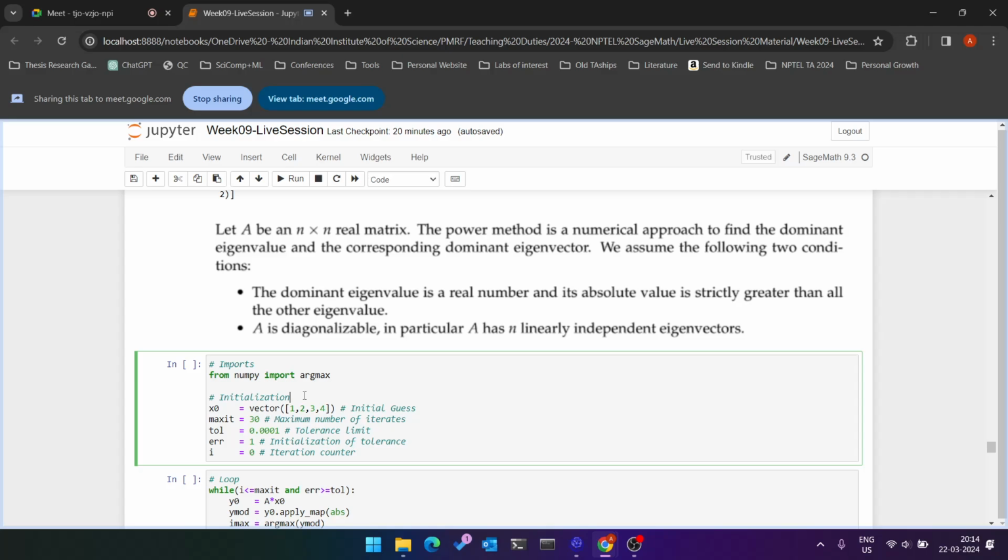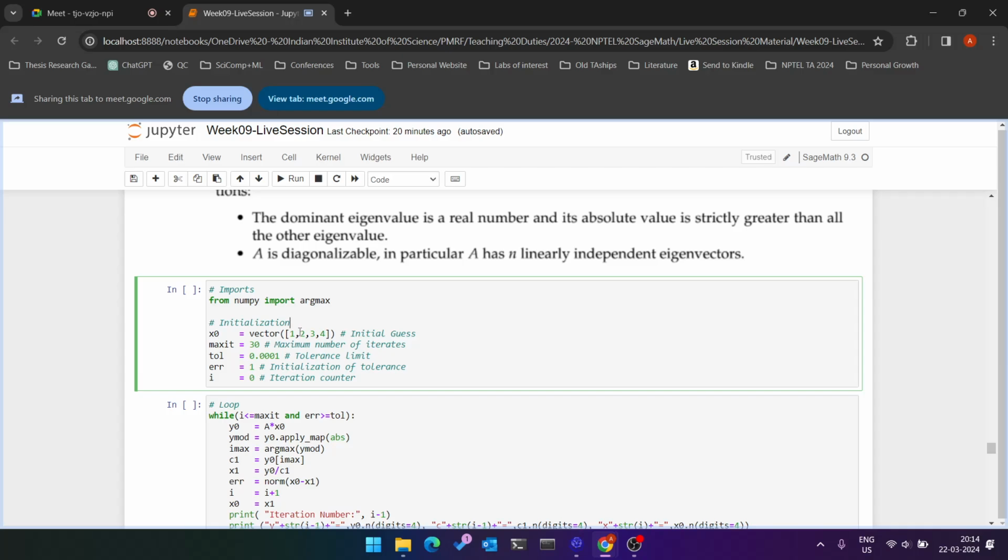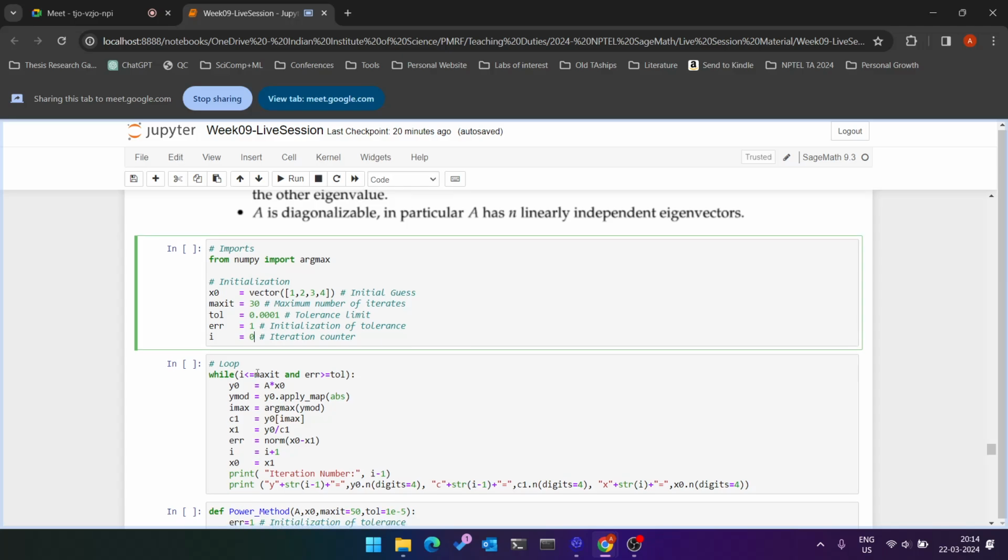I specify an initial vector 1, 2, 3, 4. It can be anything. Maximum iterations as 30, tolerance as 0.001, error as 1, and iteration counter as 0.